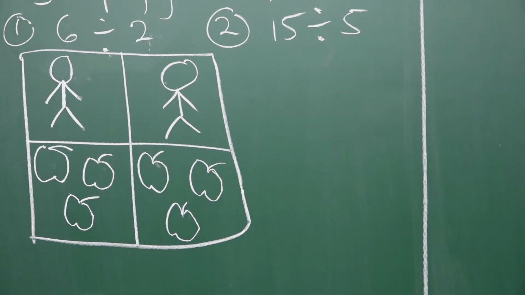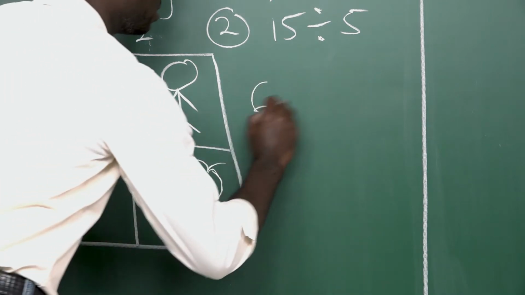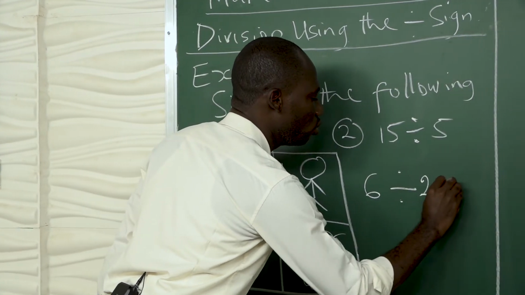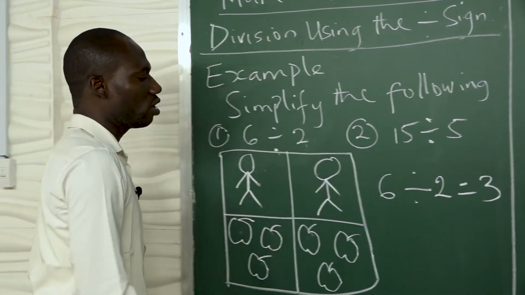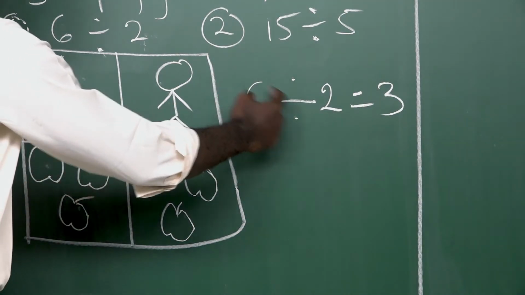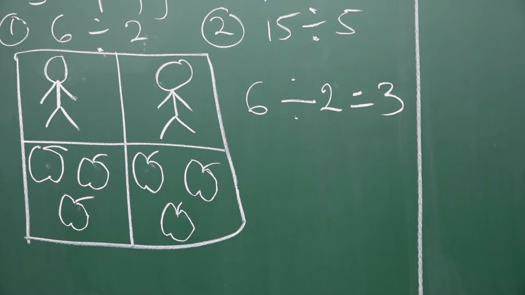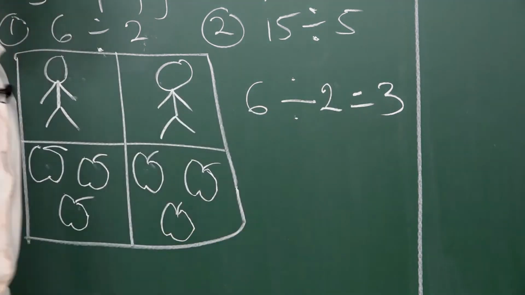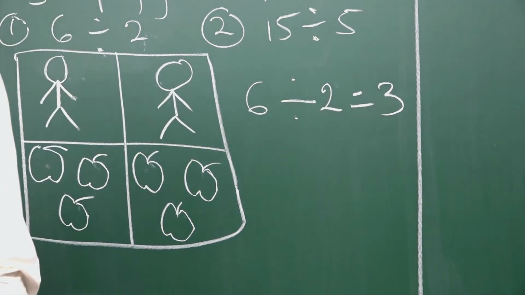So if you have 1, 2, 3 for each person, it means your answer is 3. So we are saying 6 divided by 2 will give us 3, because you have shared 6 apples among 2 boys, and then each person got 3. So our answer is 3.